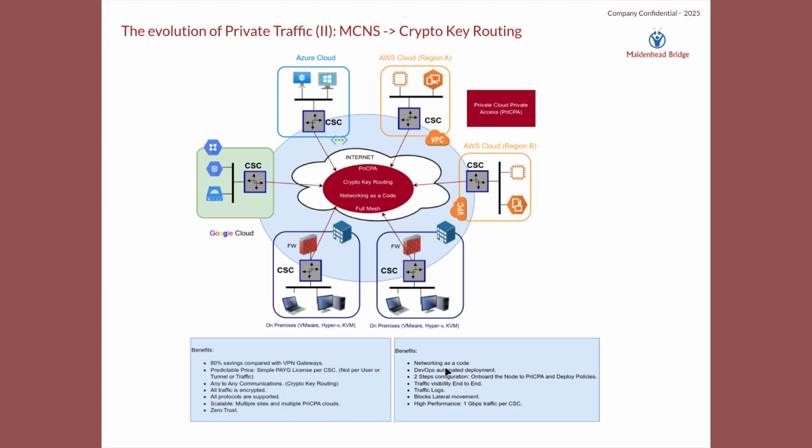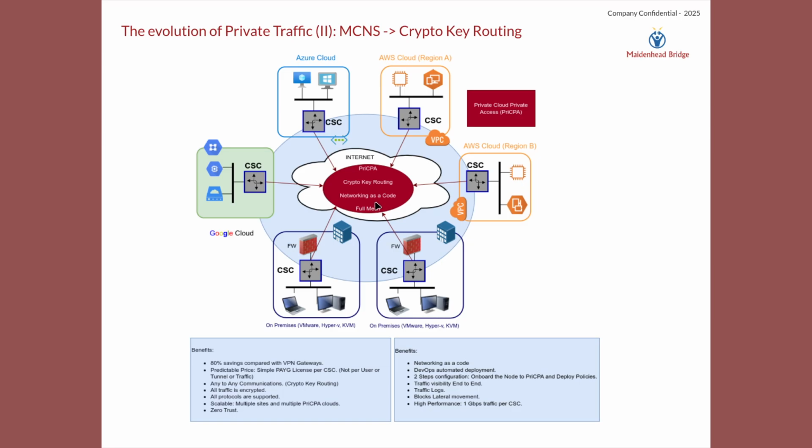It's very interesting. We will show how you can connect and configure. It's DevOps. Everything is tied to DevOps. The configuration is 2 steps: you need to onboard the node to the PriCPA and deploy policies. Another important point: the traffic visibility is end-to-end. Then this instance will be able to see the source IP of this device.